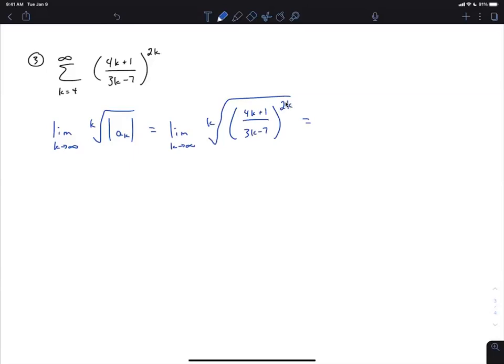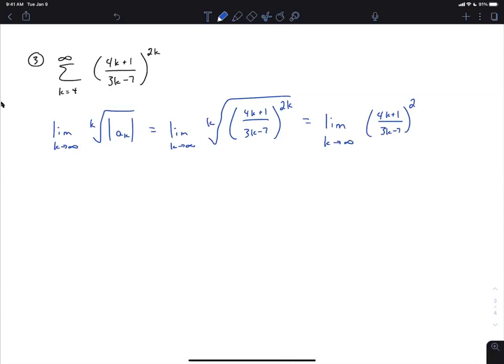So what happens is this power gets divided by k. And so we get the limit as k goes to infinity of 4k plus 1 over 3k minus 7 to the 2, because you divide 2k by k when you take the k root. Does everybody follow that? Everybody good?